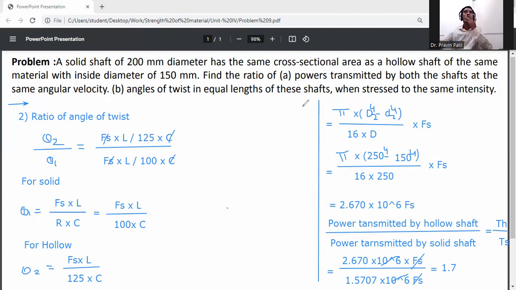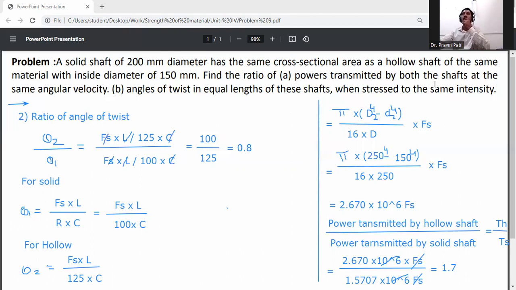The length will also be the same, so L will get cancelled. So now it will be 100 divided by 125, which is 0.8. So the ratio of angle of twist is 0.8. This is your final answer.